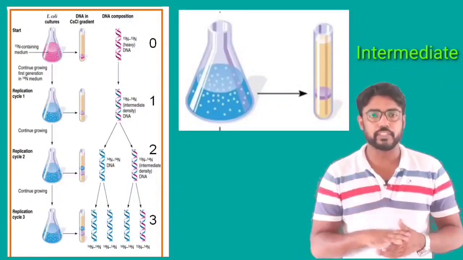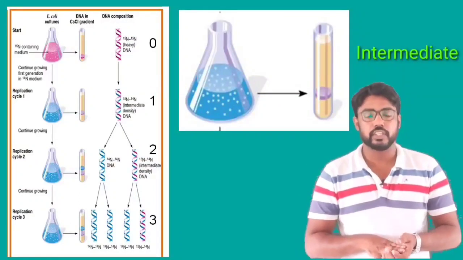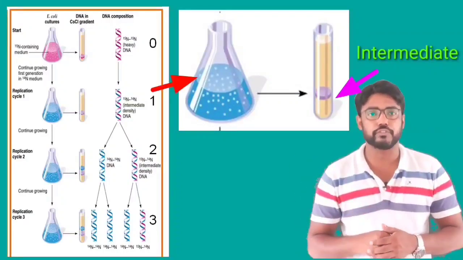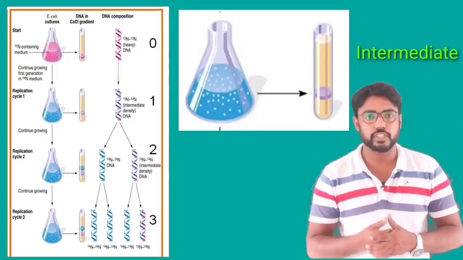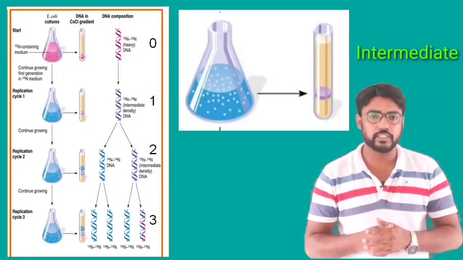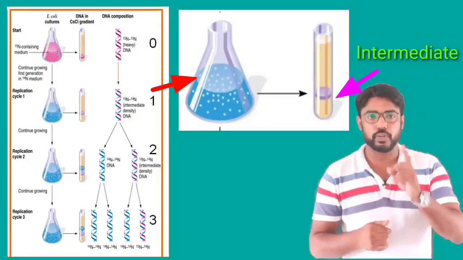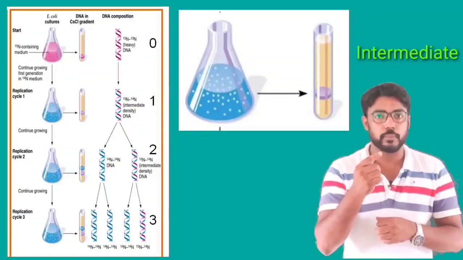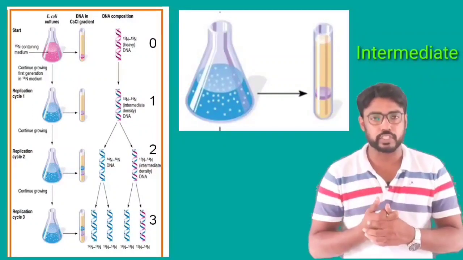After one replication, one generation, they took DNA from this and did cesium chloride centrifugation. In that centrifugation, they found that only one band appeared, but it was not similar to the band formed in the zero generation.